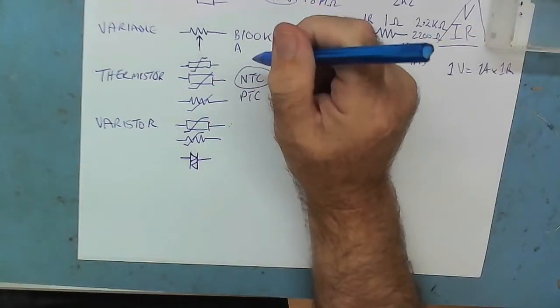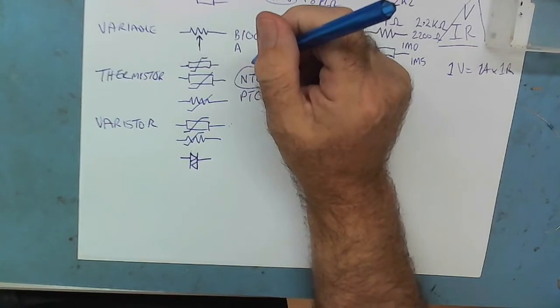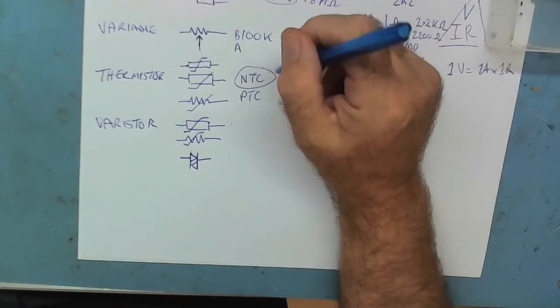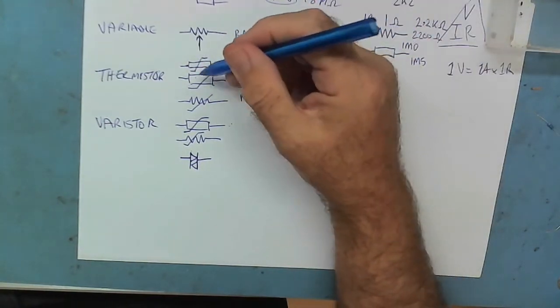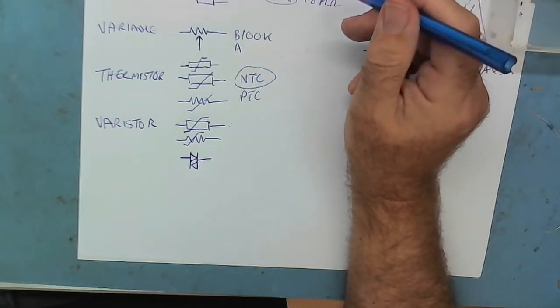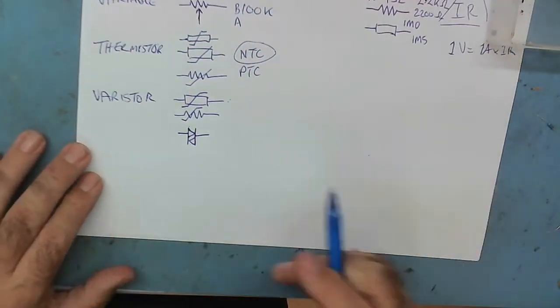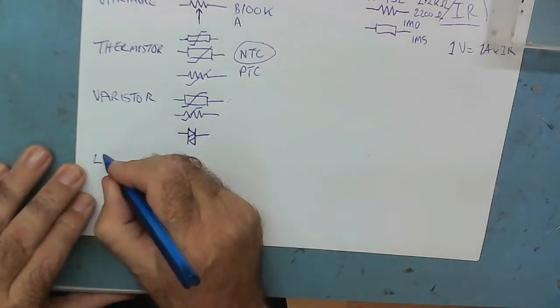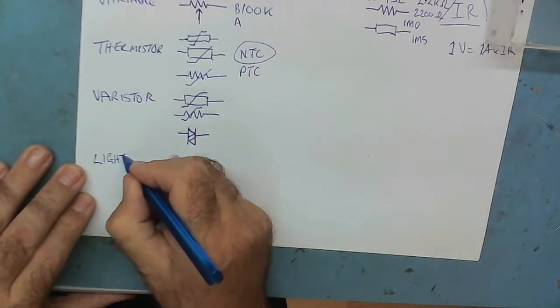In fact, if you saw the disco light video, I said that's a thermistor, but the symbol's actually a varistor. So that's that one. The other common one that you see, no, they're not common, they're uncommon.